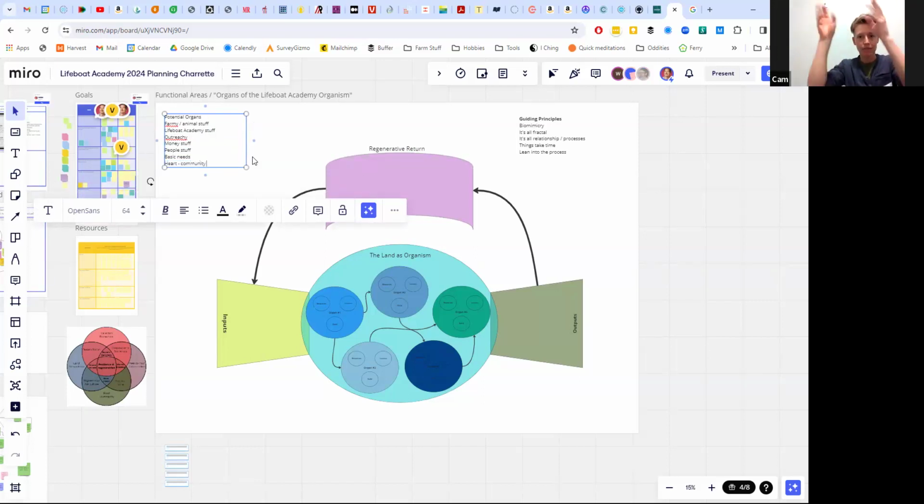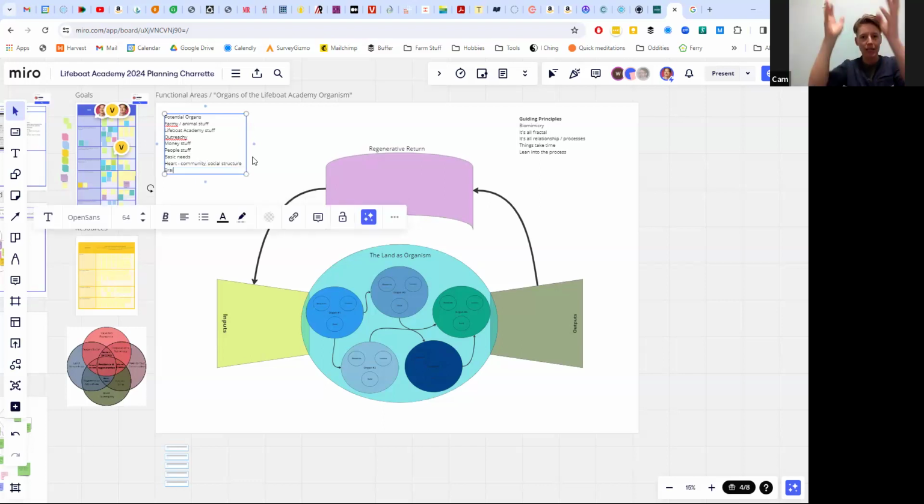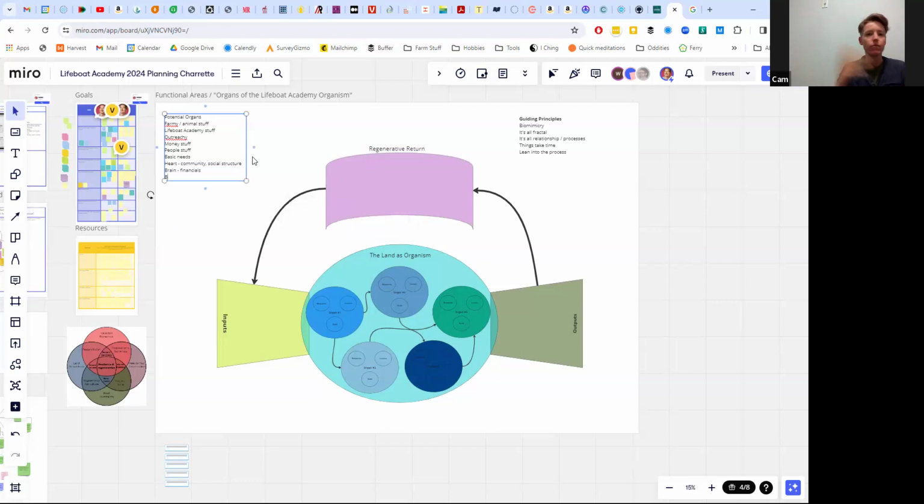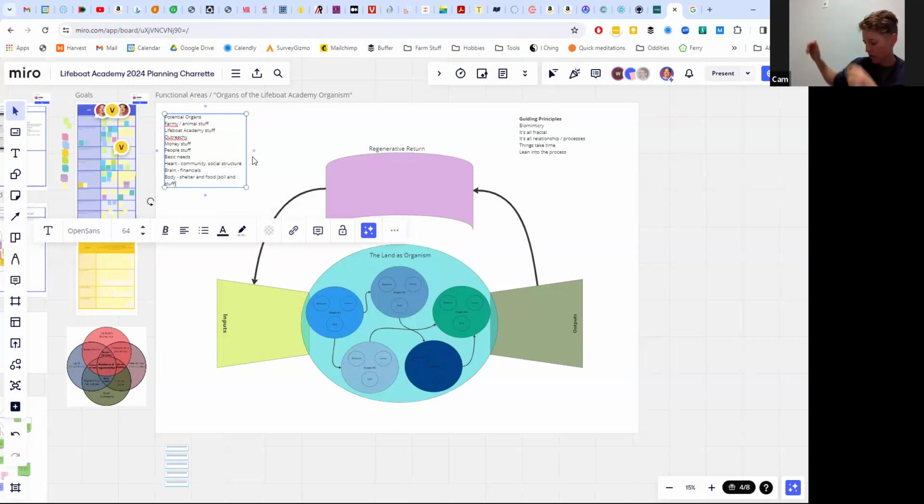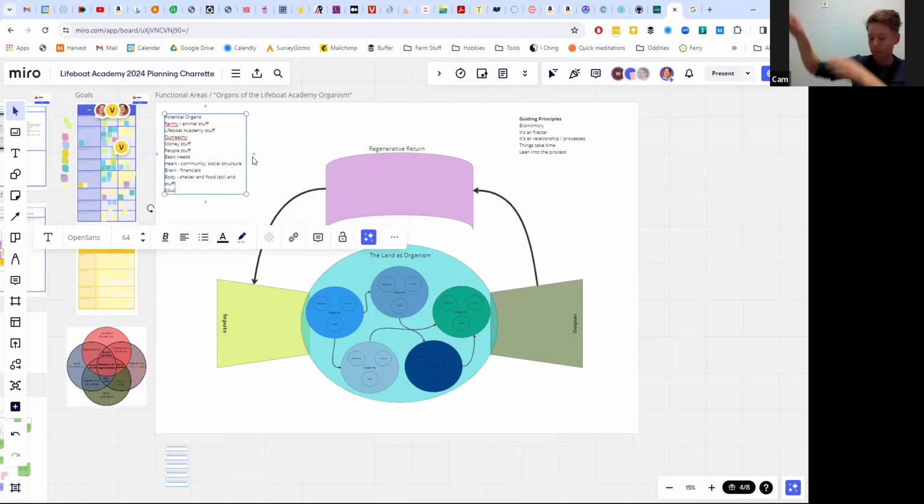One's kind of like the brain, the financial piece, you've got to get the money in. The other one's more of a body piece, like shelter and food. Soil and stuff can be in there too. That's the more farmy piece. And then the outreach piece is education, collaboration, and outreach to get folks in now. On to Pam.